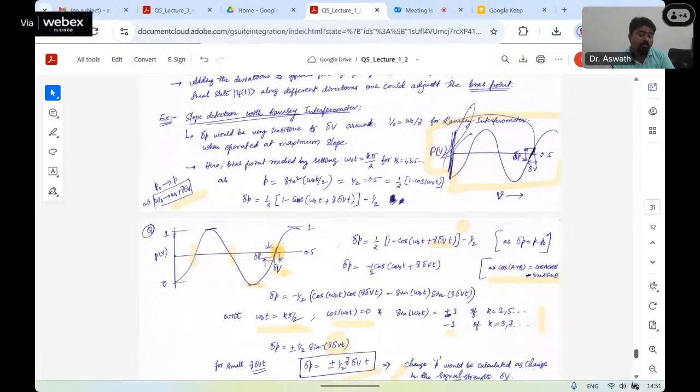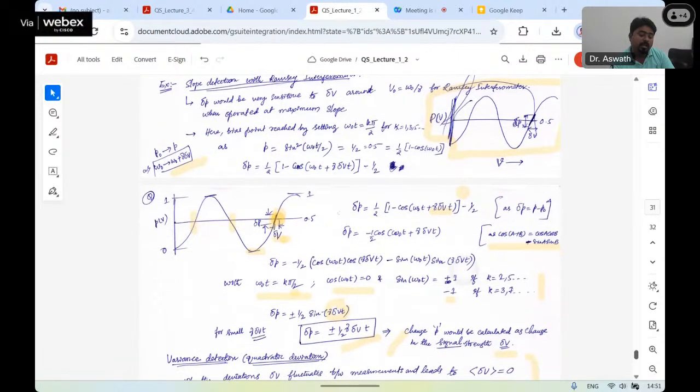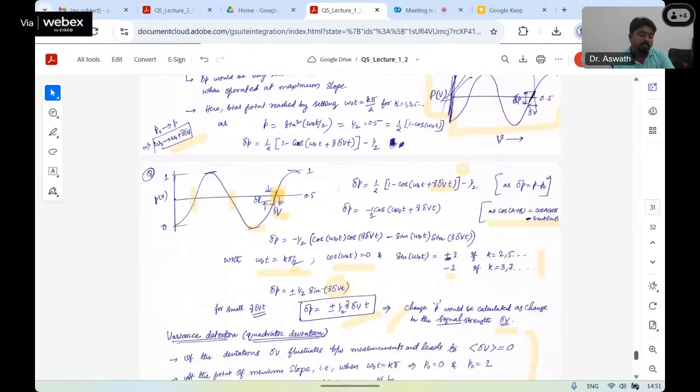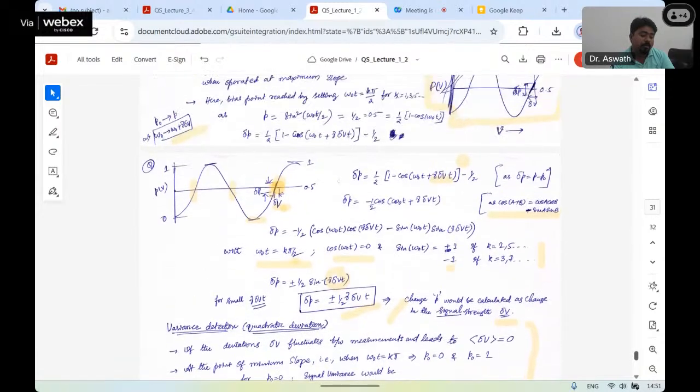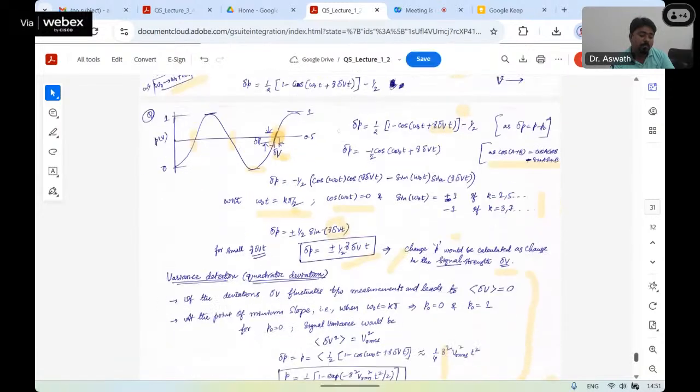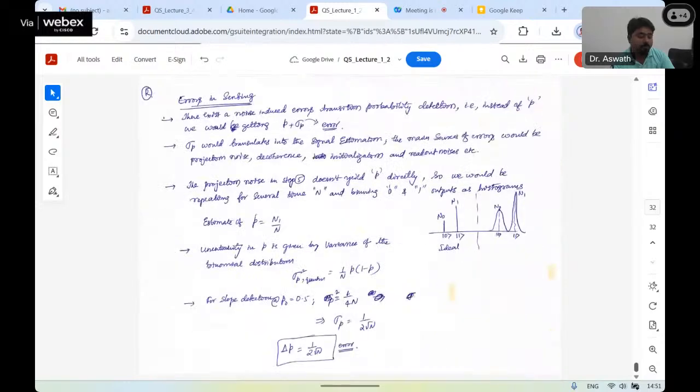Since it's just a sine square, I have peaks on both sides. It's a cosine function, so it does oscillate on either side of the axis. You can cross-check that later.